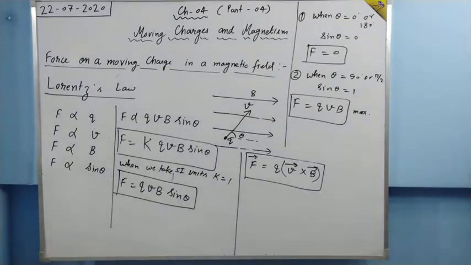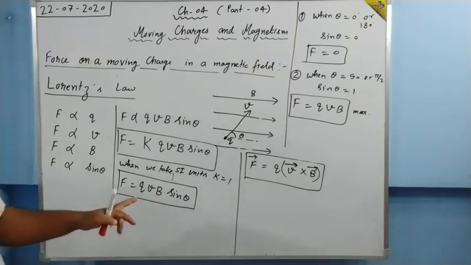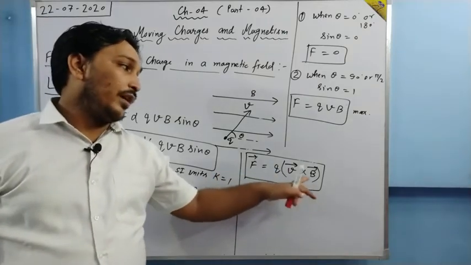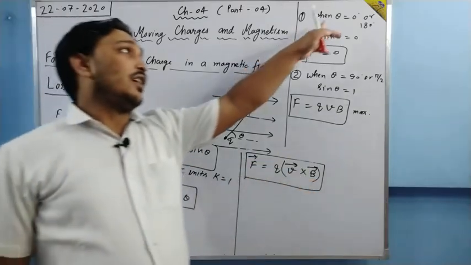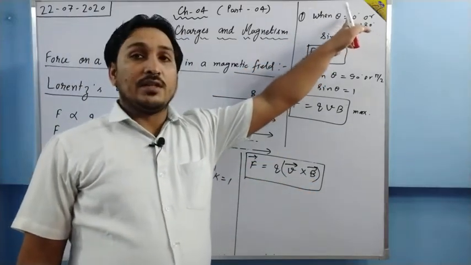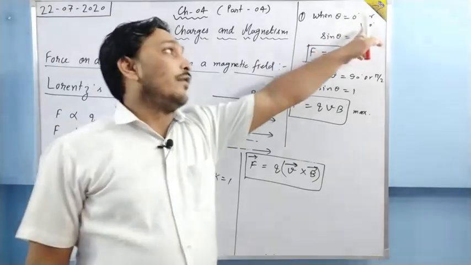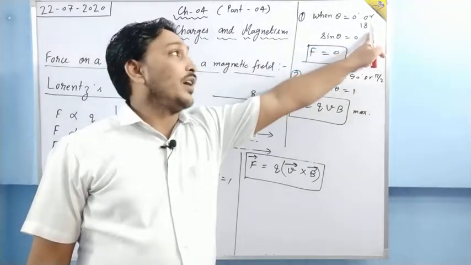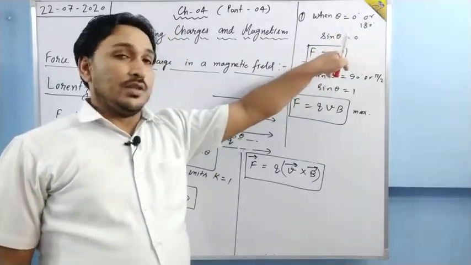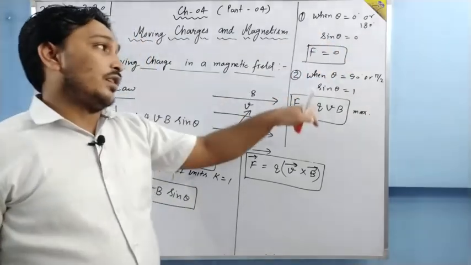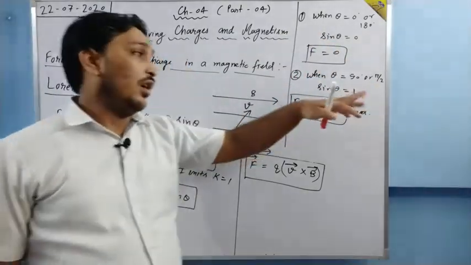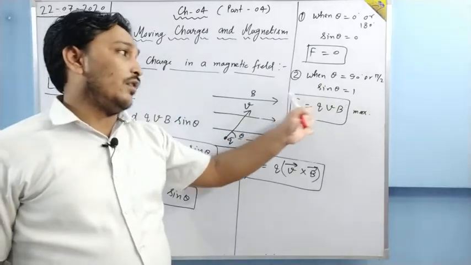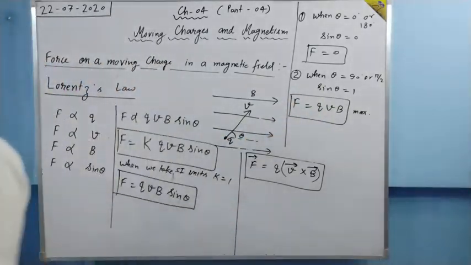So from here, what we need to understand: F is equal to QVB sin theta, F is equal to QV vector cross B vector. When the charge is moving at 0 degree, means in the direction of the magnetic field, or at 180 degree, means opposite to the direction of the magnetic field, force is 0. When the charge is moving at 90 degree from the magnetic field, then force is acting as QVB, which is the maximum value of the force.